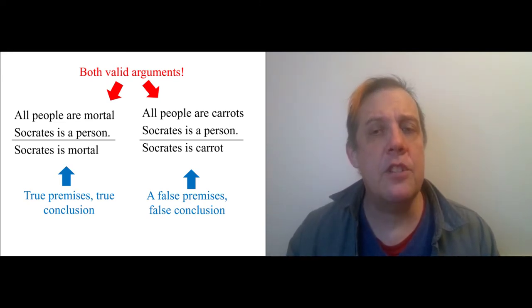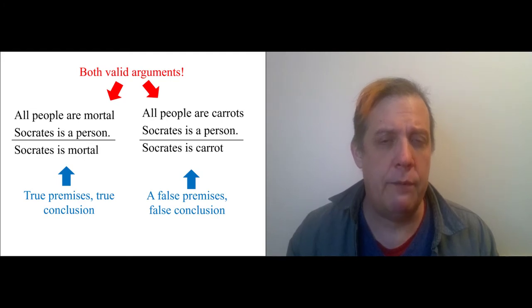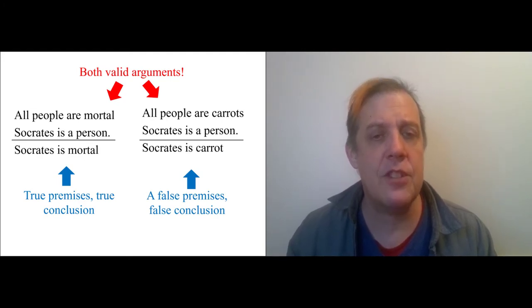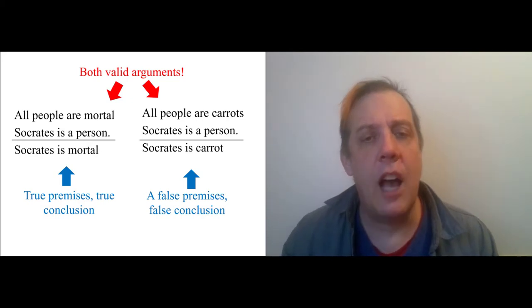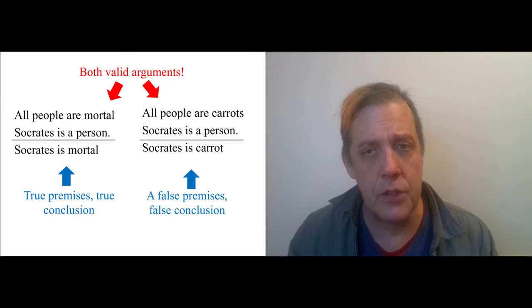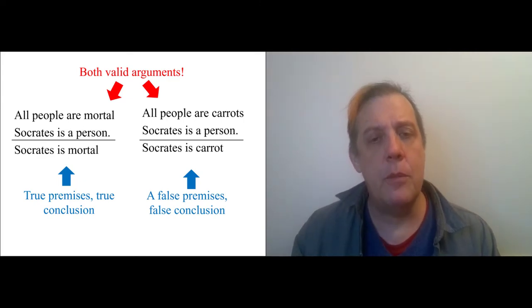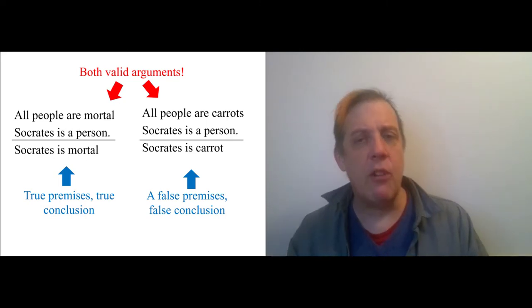In the first example, we have true premises and a true conclusion. In the second example, we have false premises, one false premise, that all people are carrots, and a false conclusion. Neither of those are ruled out by the definition of a valid argument, which just says the premises can't be true and the conclusion false. That's one reason why both of these count as valid.